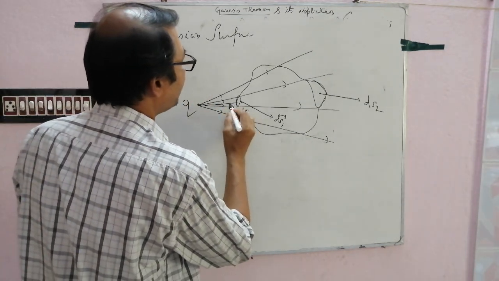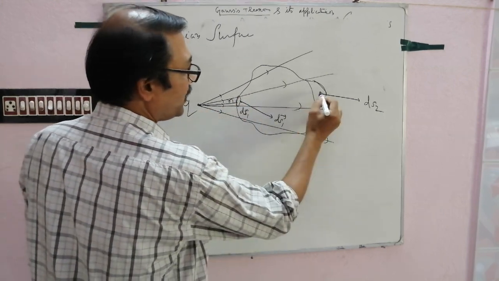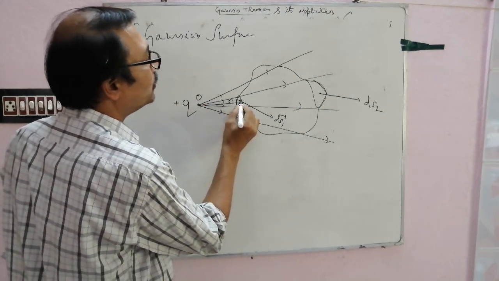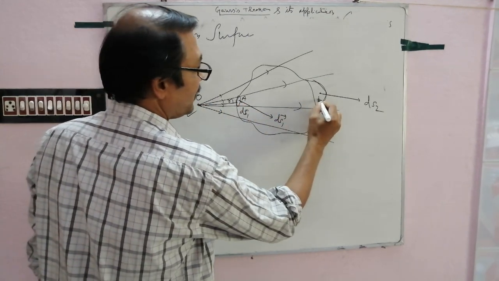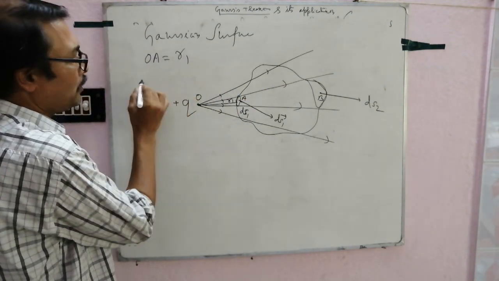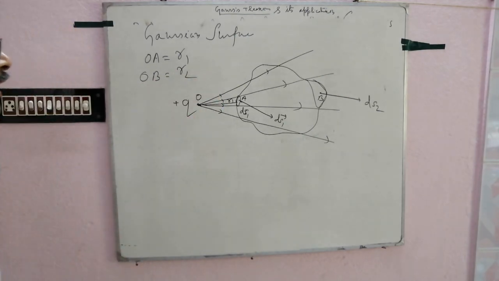This distance is R1, and I consider this point O, this A, this B. So OA equals R1, OB equals R2. Clear?